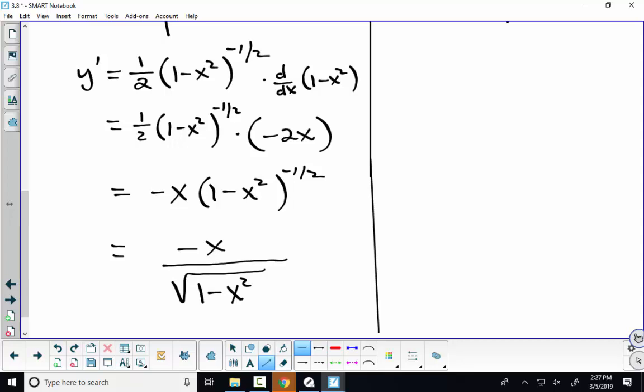So that is explicitly our derivative for the top half of the circle, right? This function, negative x over root 1 minus x squared, gives us the slope of the tangent line at all points that are on the top half of the circle.